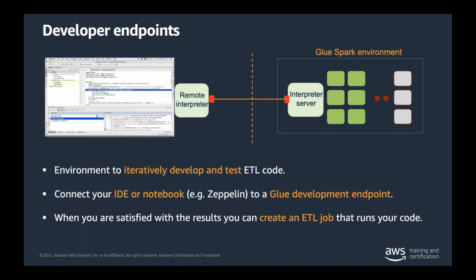Once you have the endpoint set up, you can connect to the dev endpoint using a notebook to actually alter and test your ETL scripts. These notebooks are available within the Glue console, or you can even use your own preferred IDE tool, such as IntelliJ or PyCharm or any other that can be supported. You can think of a dev endpoint as a virtual machine with CPU and memory that you actually pay by use, and then you just go and run your code.